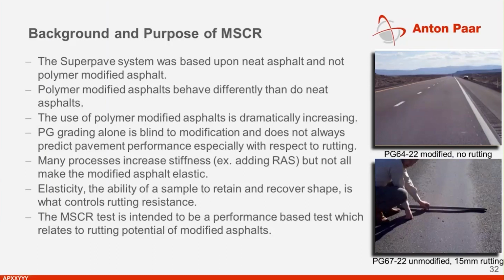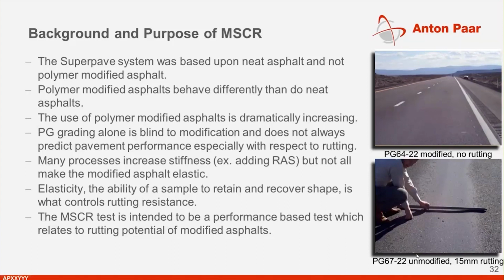So the multiple stress creep and recovery test was developed as a performance-based test, which relates to the rutting potential of modified asphalt binder. You can see here in these two examples, in the upper picture, we have a PG64-22 modified, and it's not showing any rutting.